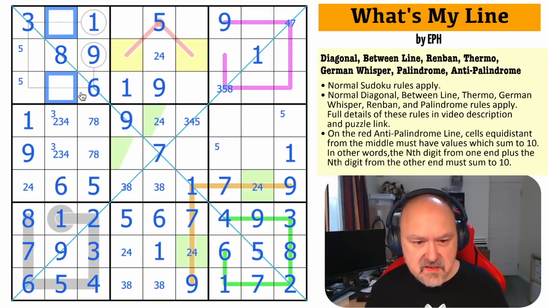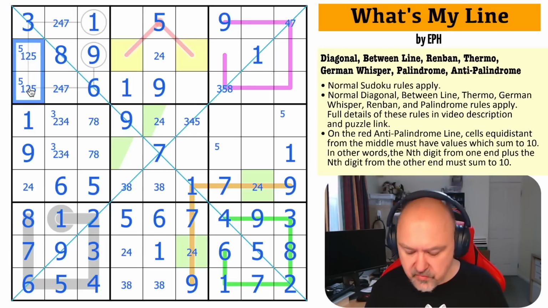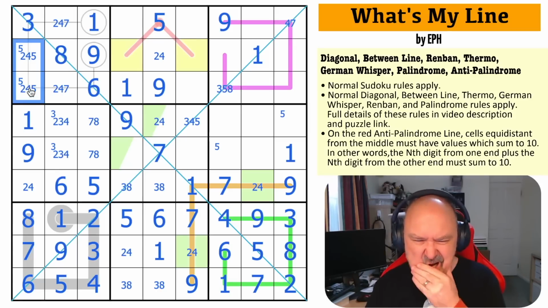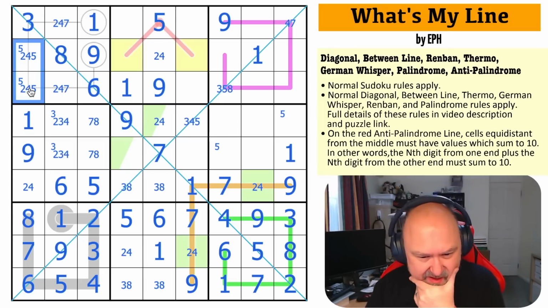But what are these? 1, 2, not 3, 4, 5, 6, 7. 2, 4, and 7. That's not where I was going with that. What I was going is this, because these are from 2, 4, 5. No, 2, 4, 5, and must contain a 5. No, I don't. I think I lost the plot a bit there.